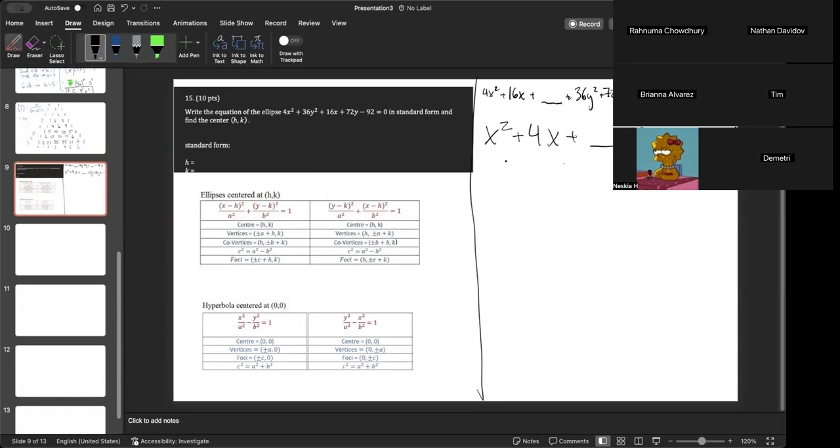Okay, so now we just complete the square. What should be over here, ideally, so I can complete the square? Two squared, 4. Good. And what should be here?